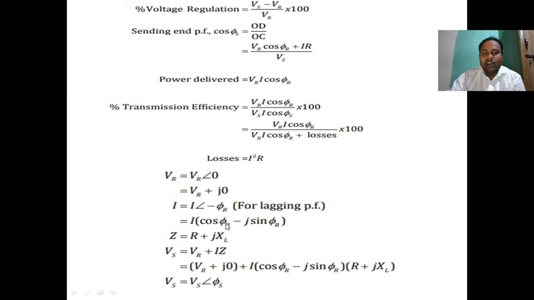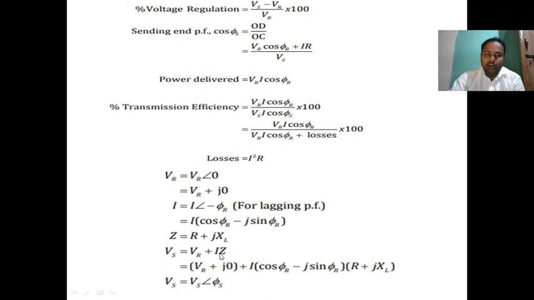What is phi r? The receiving end phase angle. Z is equal to R plus jXL. The impedance in a short transmission line has two elements, resistance and inductive reactance. Vs is equal to Vr plus Iz.